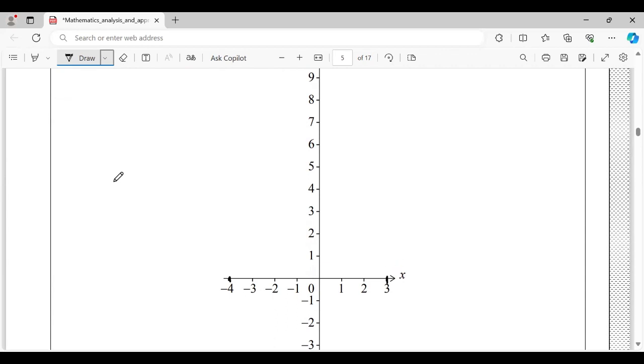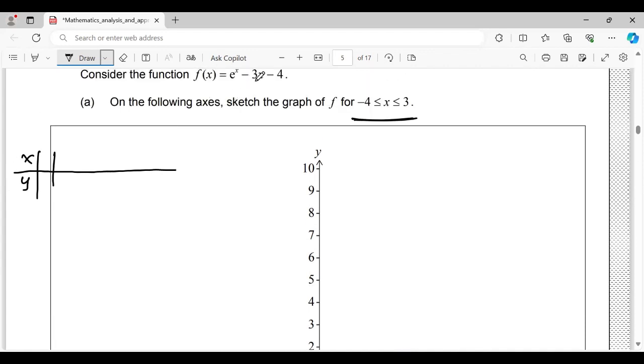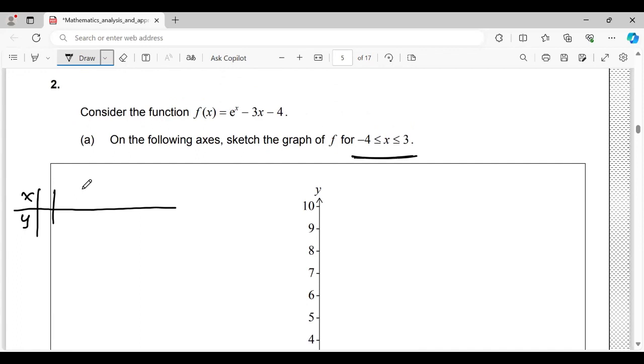Right, I'm going to create this table of x and y with this equation. If x equals 1, 2, 3, 4, 2, 3.